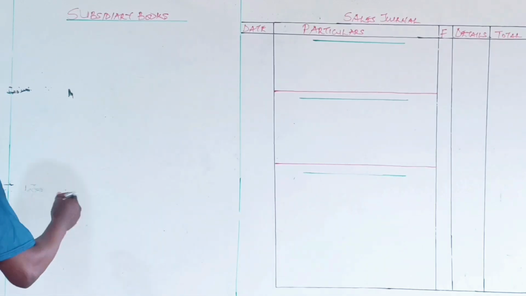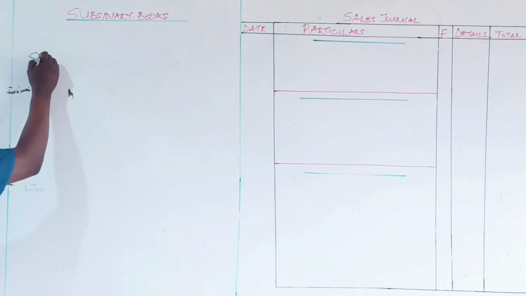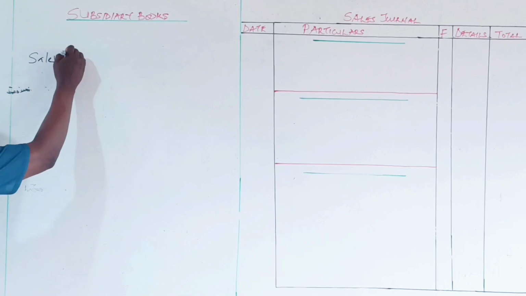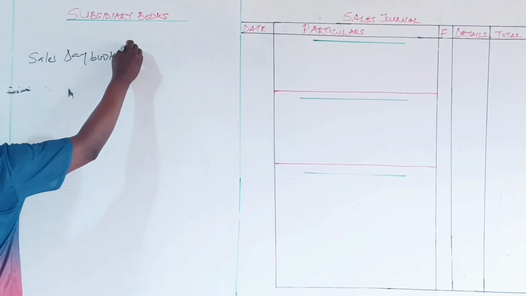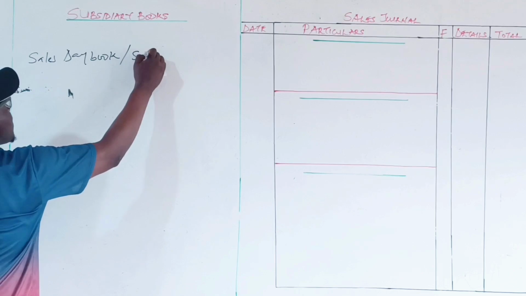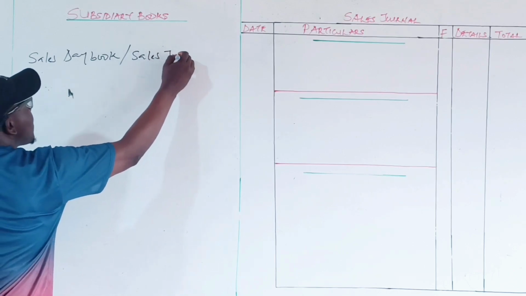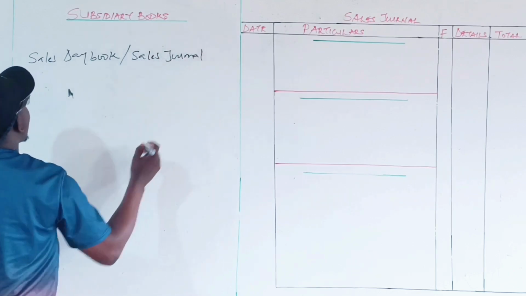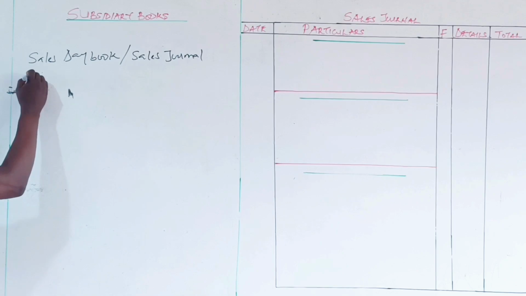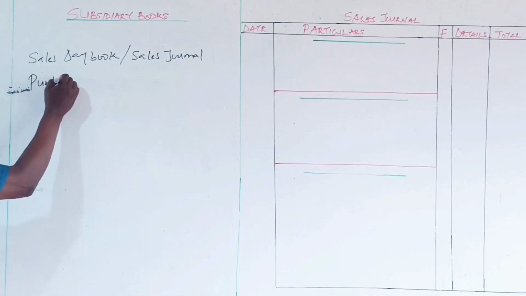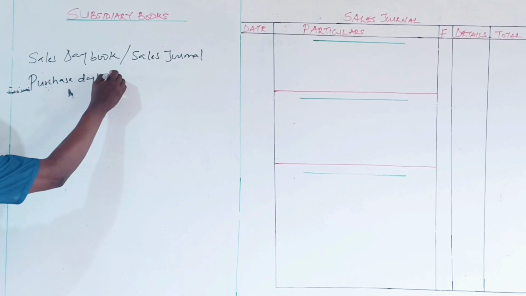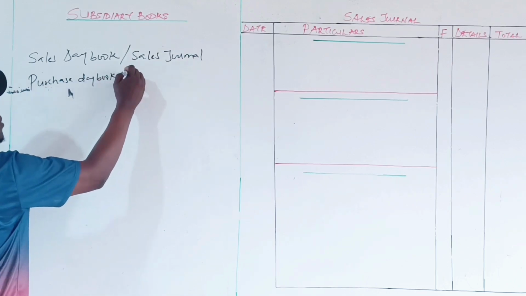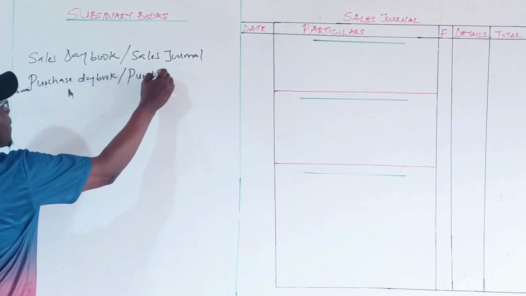We have the sales day book, which we also call the sales journal. We have the purchases day book, or the purchase journal.